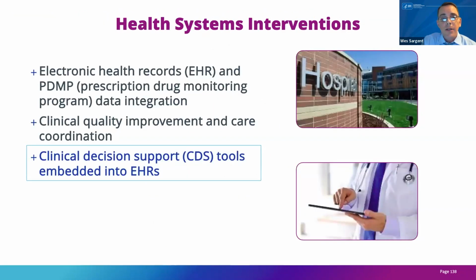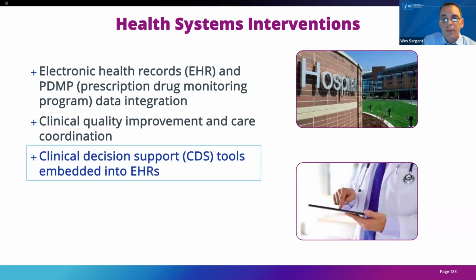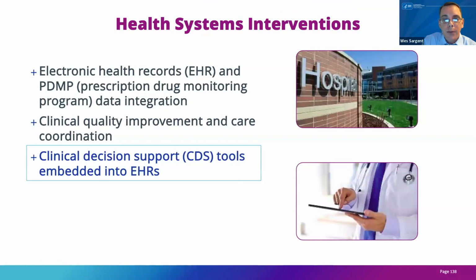And so we know that health systems have the potential to improve pain management, which includes safer use of opioids, being able to prescribe appropriately, and ensuring that patients have the proper pain management they need. And we're able to do this guideline concordant care on a broad scale by working with the health systems.